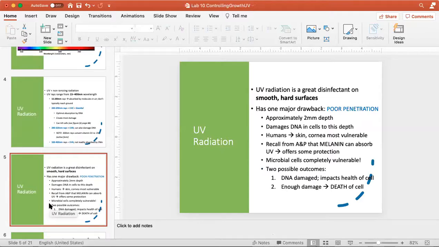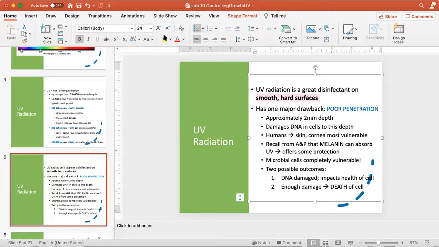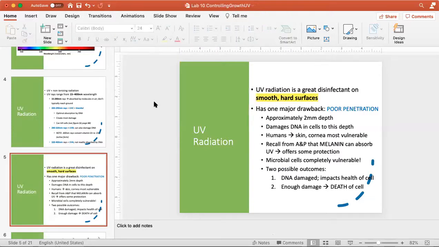So ultraviolet radiation has some use to us in controlling the growth of microbes in our environment. It is a really nice disinfectant on smooth, hard surfaces. Put a star right next to that. Smooth, hard surfaces.